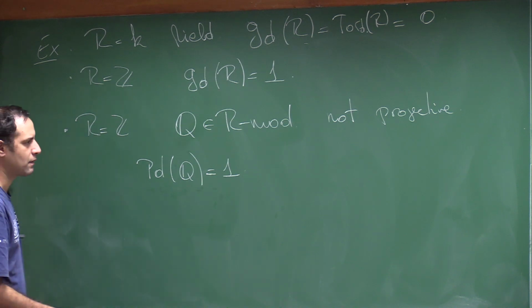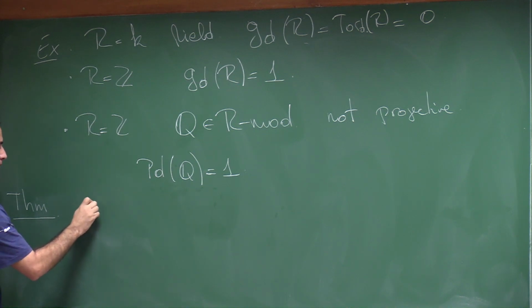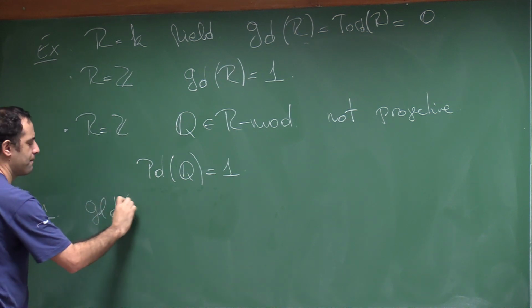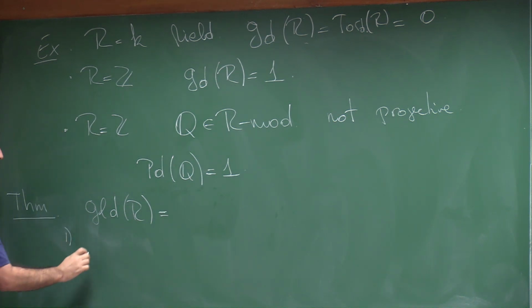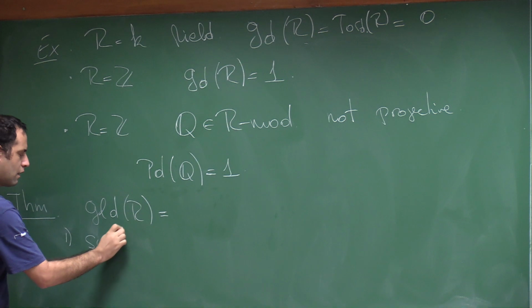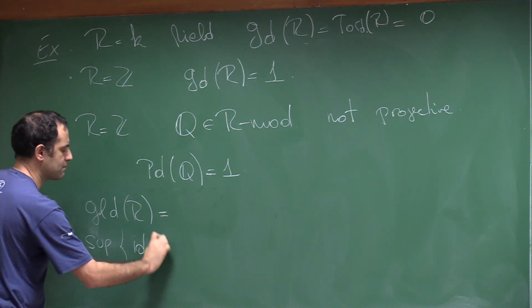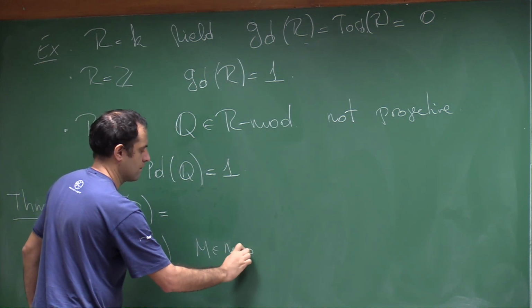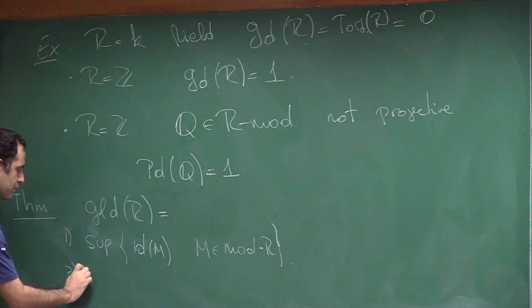So what's the theorem that I want to prove? Theorem. The global dimension of R is equal to either the supremum of the injective dimension of right modules M, or to the supremum of the projective dimensions of R mod B, quotients by ideals, where B is a right ideal. Same thing with injective dimensions.